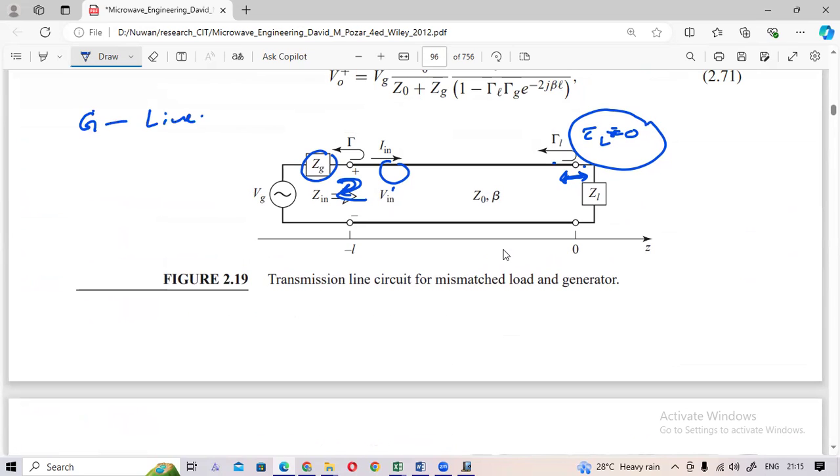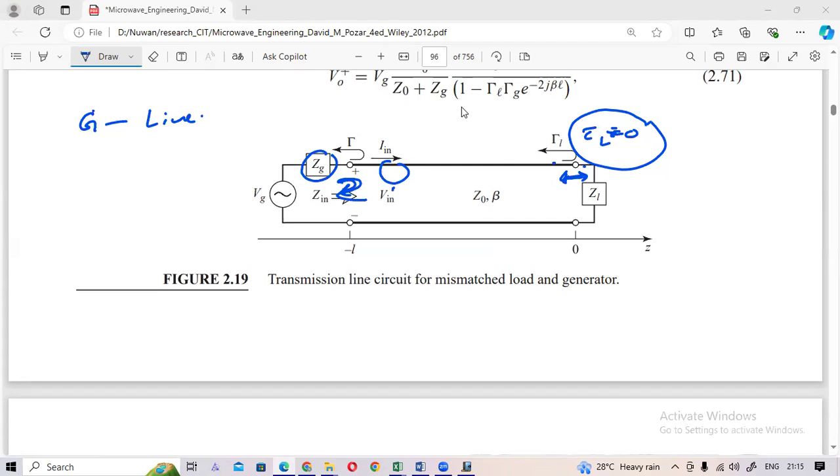Then what are they going to equate? Yes, it reduces the reflection, but what impedance are they going to equate?